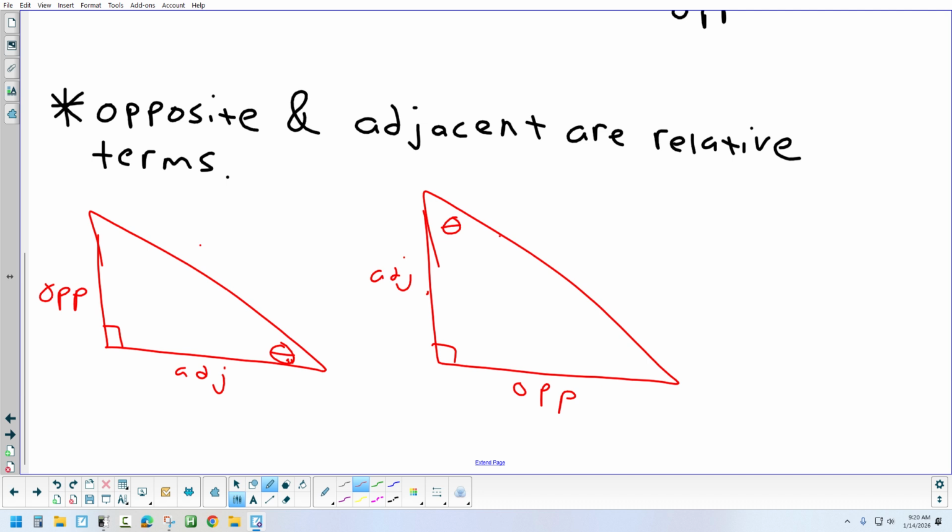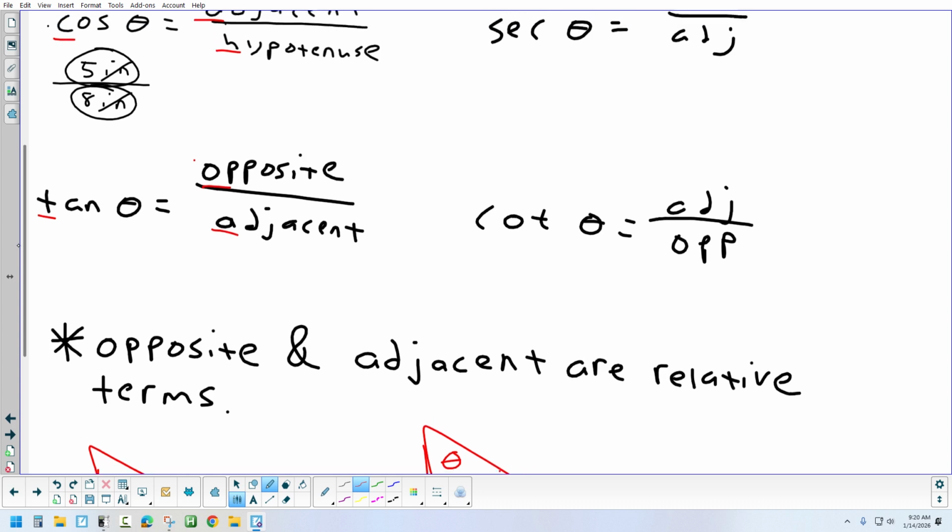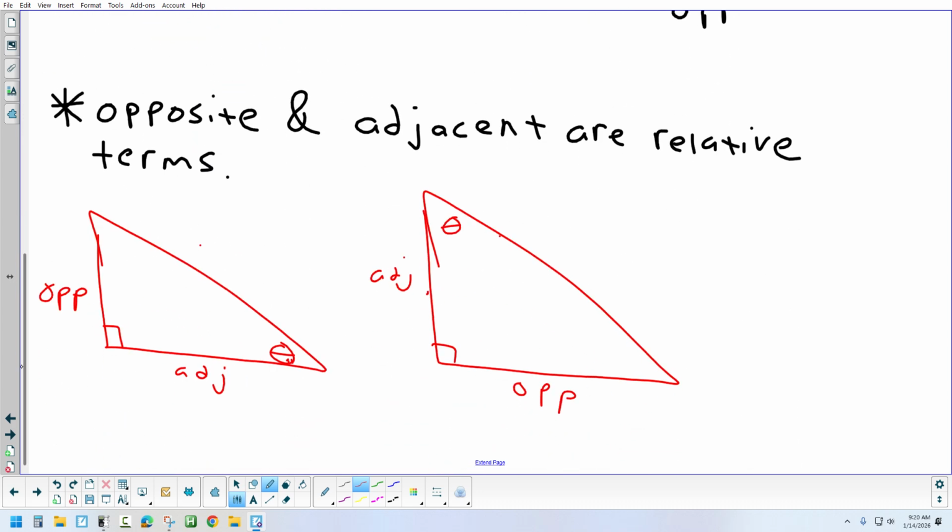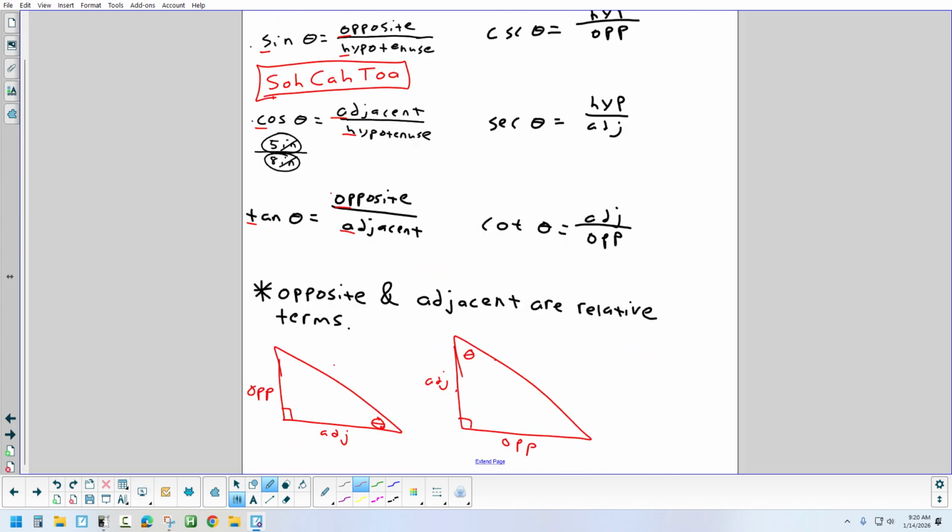All right, so any questions on how opposite and adjacent can switch places? Okay. But hypotenuse does not. It's always across from the right angle. Okay. Does everybody have the 6 formulas, 6 definitions from that page?